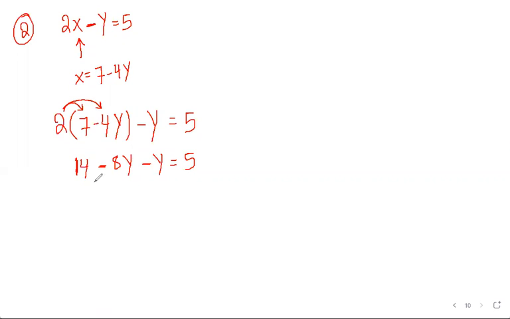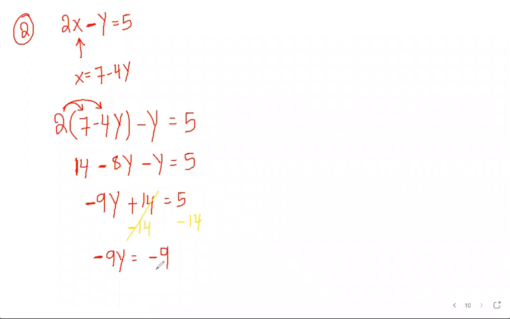So I solve it for y. Here minus 8y minus y is minus 9y plus 14 equal 5. Subtract 14 from both sides. This cancels, I get minus 9y equal minus 9.